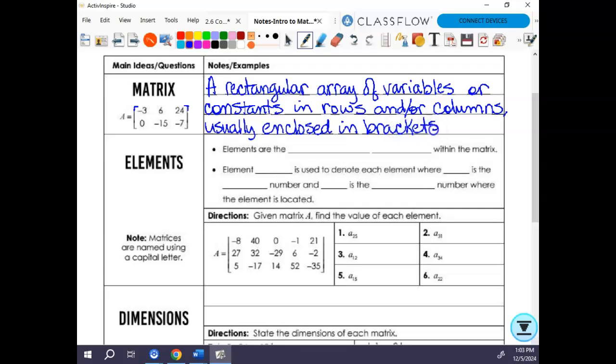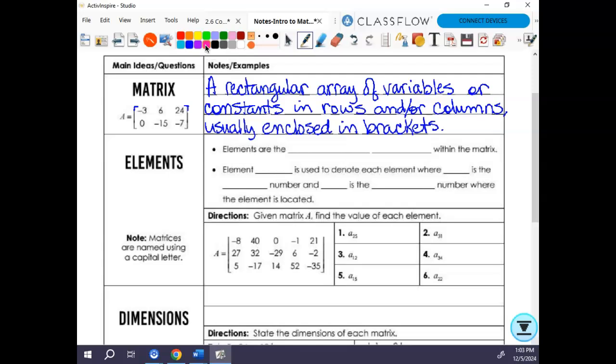I'm not going to quiz you on the definition or anything, but it's always good to have the real definition. Okay, so you have a matrix, you have brackets, and then you have numbers sitting in their little spots, like eggs in an egg carton. So this is what a matrix looks like.